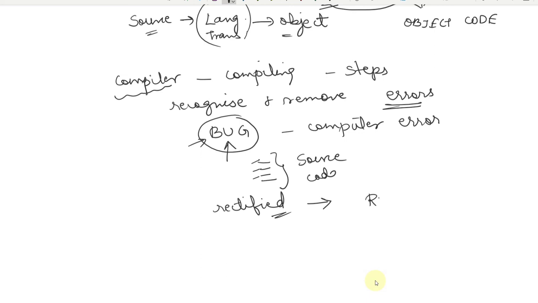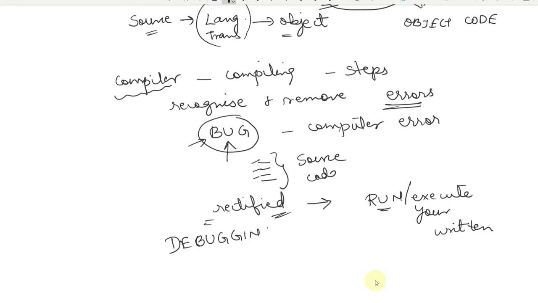Then finally you are ready to run or execute your code. This rectification means we are going to debug the program. The process of debugging involves finding the errors and then correcting them, so that finally our code is ready to run.